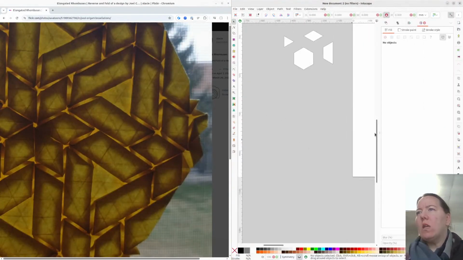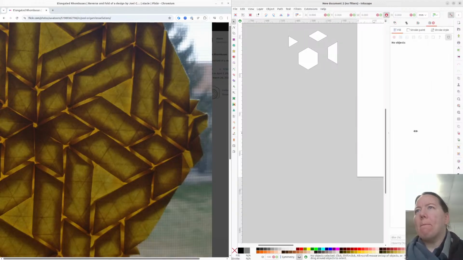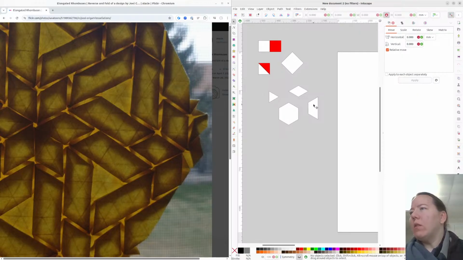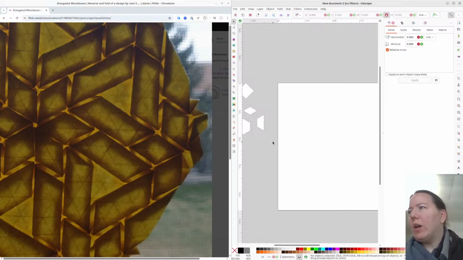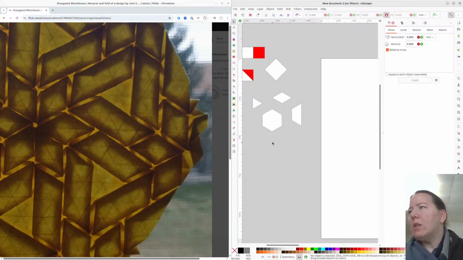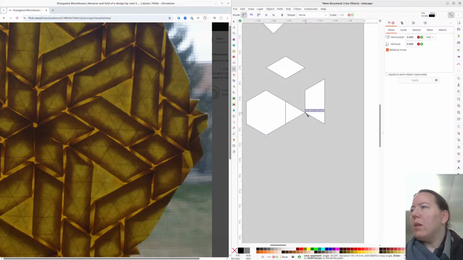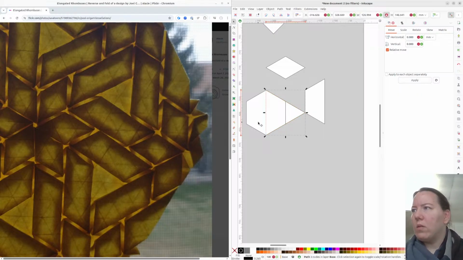There we go. And I'm gonna start by drawing the shapes that we need for this. So this pattern is going to have a double depth triangle. I'm going to draw that in the same style.